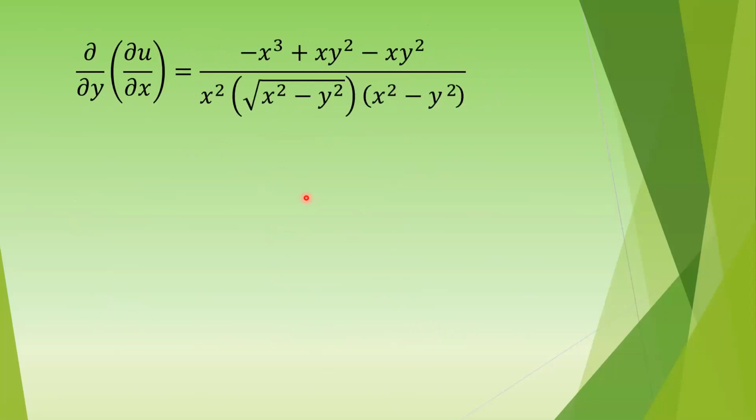Then, simplifying, meron ka na lang negative x cubed plus xy squared minus xy squared. Yung ilalim naman, naging x squared yun times square root of x squared minus y squared times x squared minus y squared. So, paano ba nangyari? Balikan natin.